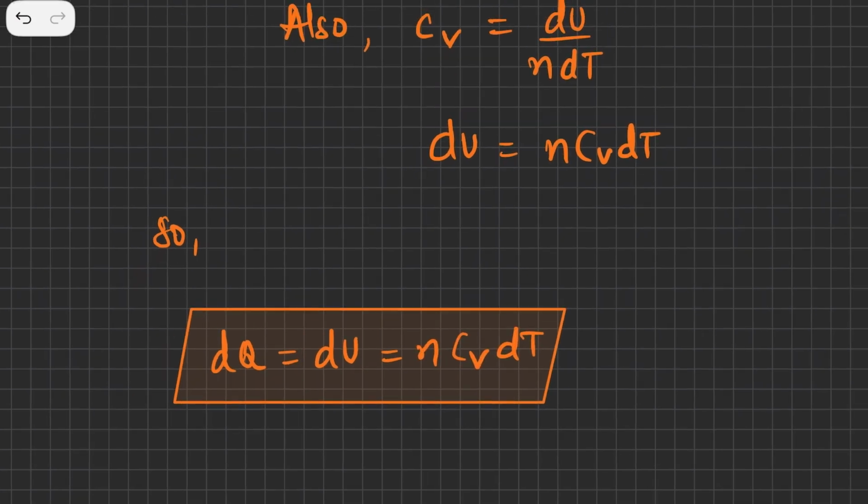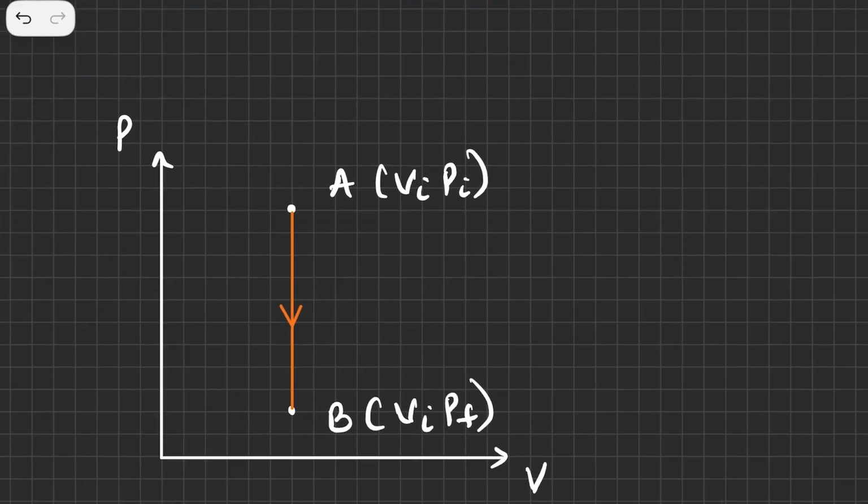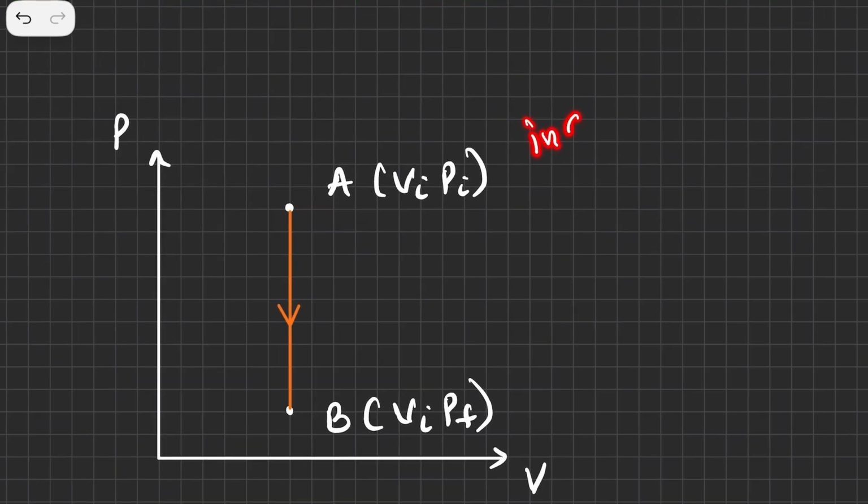Now let's come back to the PV diagram. The PV diagram is also called an indicator diagram. The indicator diagram can be represented with pressure on the y-axis and volume on the x-axis. A is my initial state, and B is my final state.